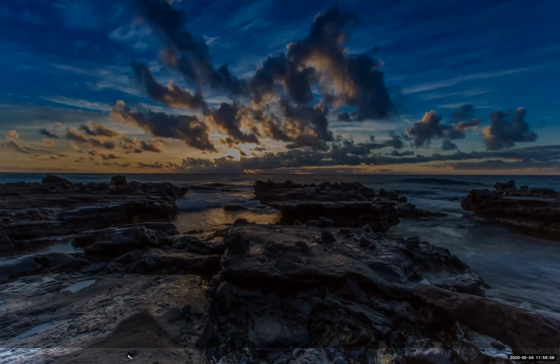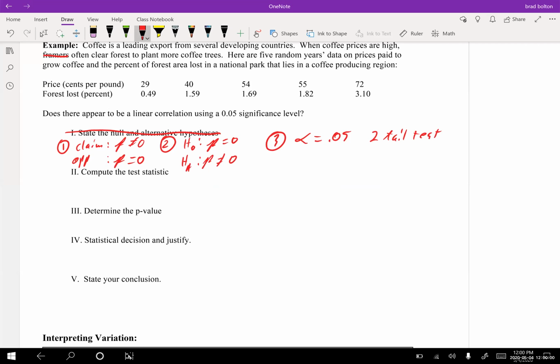Okay, so we're going to do step 4. So we did test, Lin Regression T-Test, and that gave us T equals 5.587.